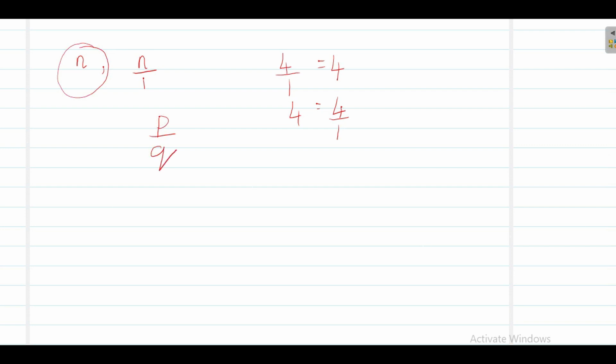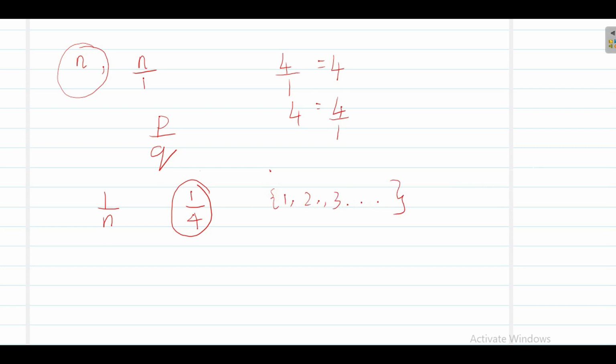But on the contrary, a rational number 1 by n cannot be a natural number. Why do I say so? Because if it is 1 by 4, is 1 by 4 a natural number? No, because natural numbers contain only numbers 1, 2, 3 and so on, right?